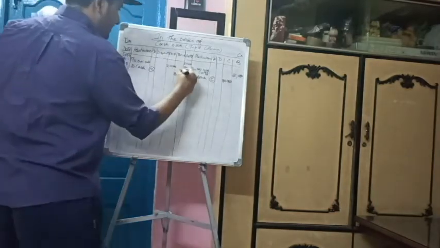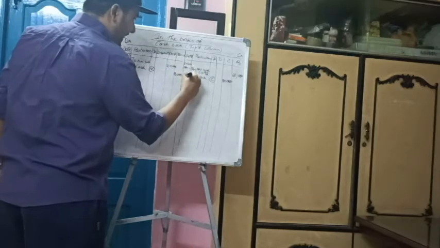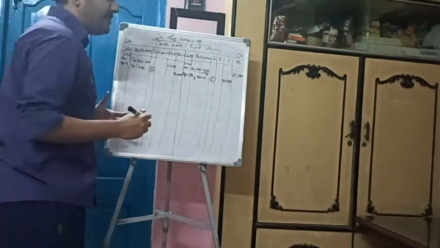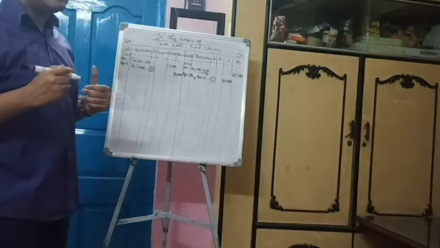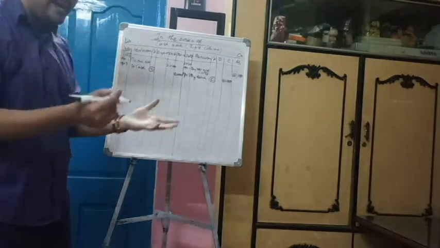Next is April 4th, goods purchased and issued a check for the same. Goods have been purchased and a check has been issued for the same. This is April 3, remember. And the next entry is of April 4. That means we are purchasing goods. When we purchase goods, we are paying. Payment.